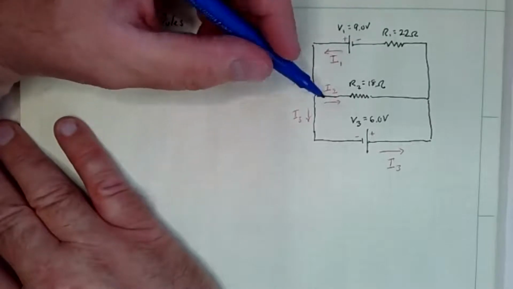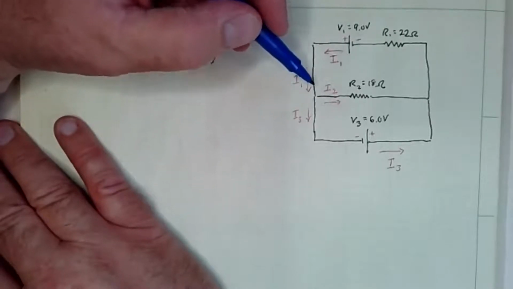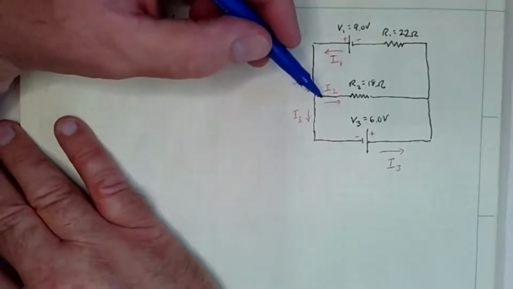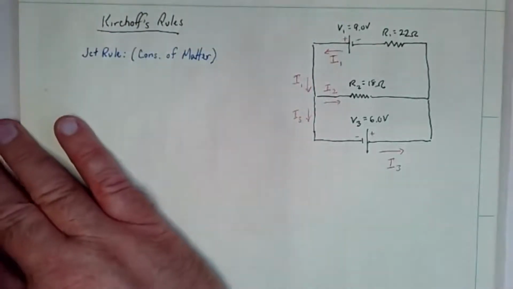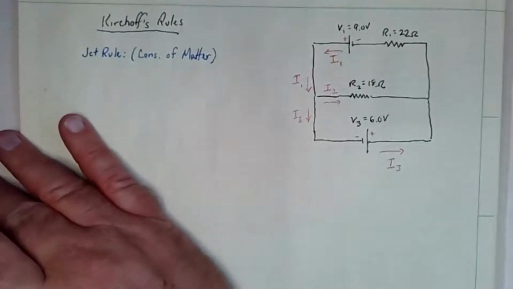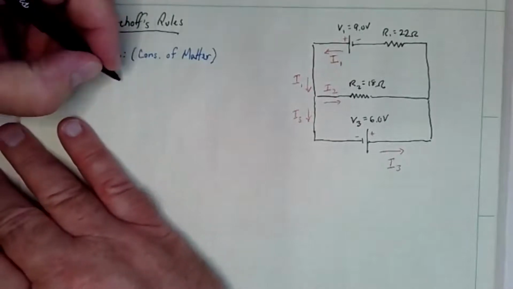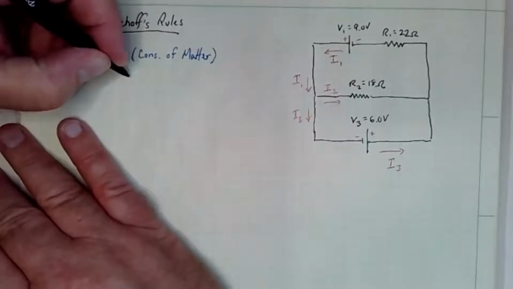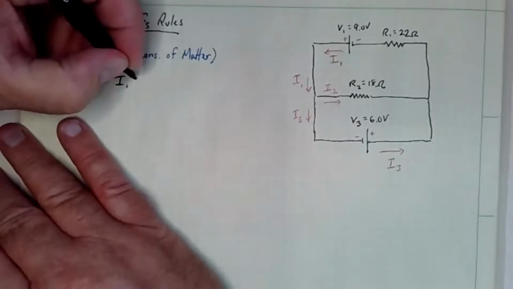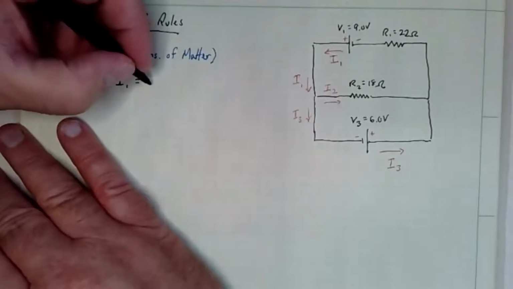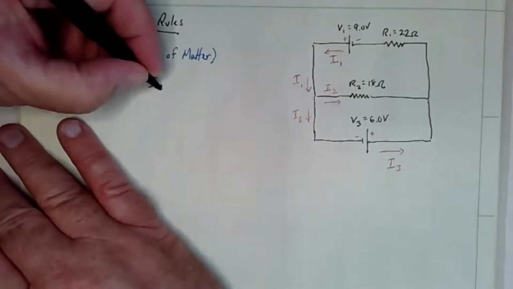And there are not parking spaces in here or anything like that. So whatever enters also leaves at the same time. So for the junction rule, it's just like a traffic light. The number of cars in equals the number of cars out. And if that's not true, then you've got a problem. So I1 enters, and so that's got to be equal to the sum of the currents leaving, which are I2 and I3.